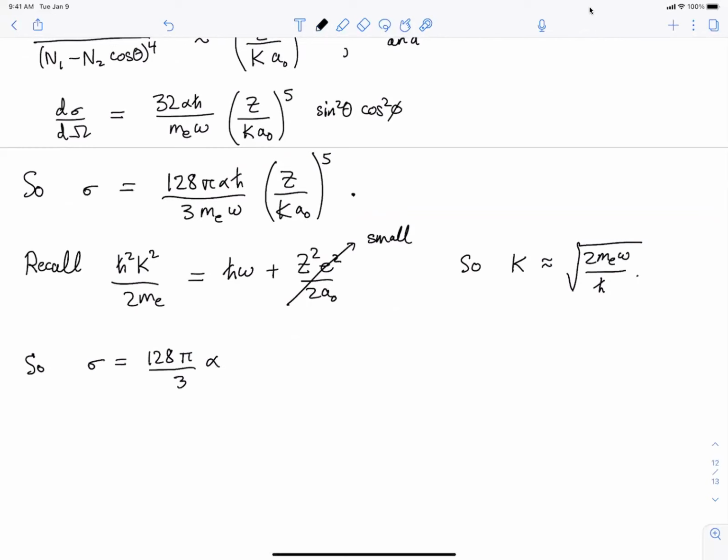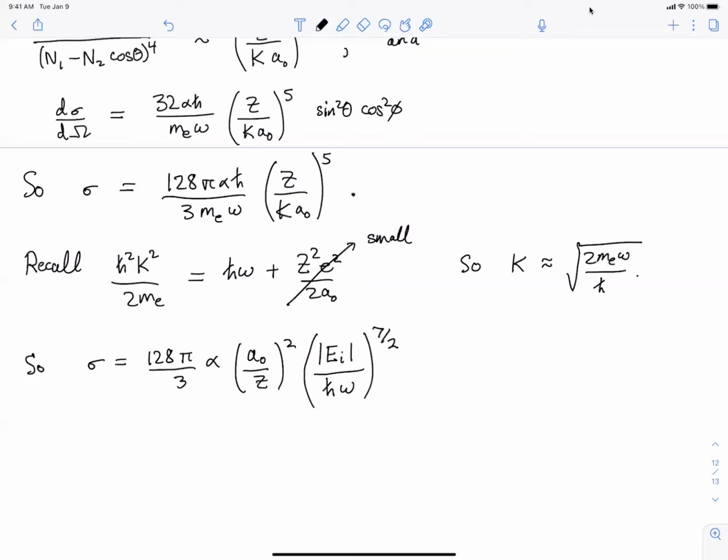There's a fine structure constant. There's Bohr radius over z squared. And then there's the energy dependence. And the energy dependence is the initial state binding energy in magnitude divided by h bar omega to the 7/2 power.